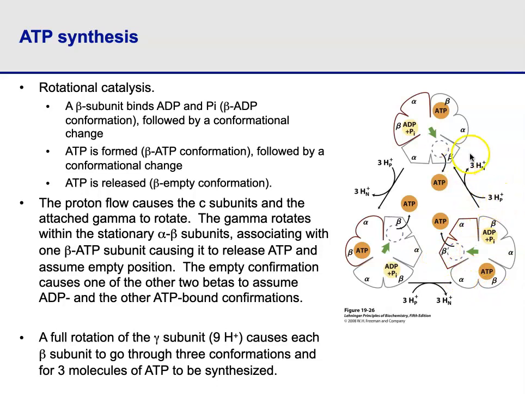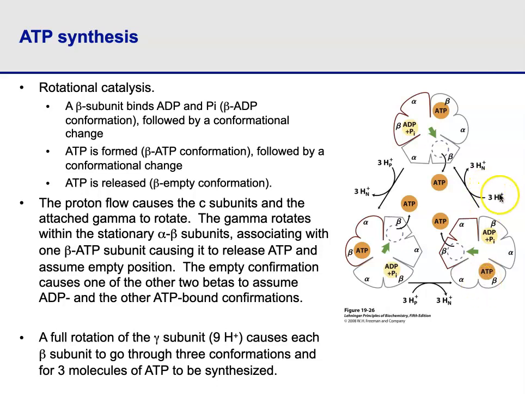So we passed 3 sets of 3 protons and we generated 3 molecules of ATP. That's a complete cycle of the ATP synthase. For this complete cycle, 9 protons were passed through the F0 and 3 molecules of ATP are synthesized.